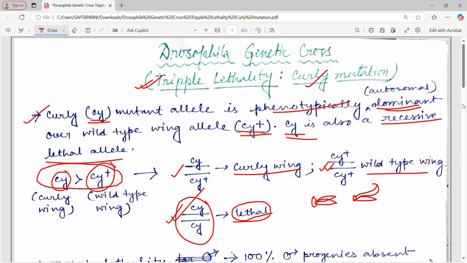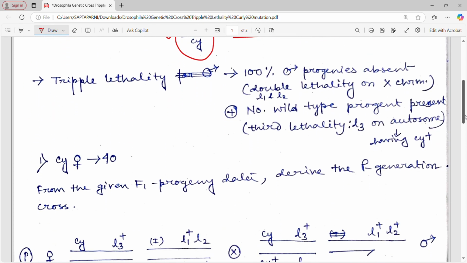Now coming to triple lethality. In my previous video I discussed what double lethality is. Double lethality means that 100% of male progeny are absent. For that we put two lethal alleles, L1 and L2, on the X chromosome. You have to remember that the wild type lethal allele L1 plus is dominant over its mutant type L1, and similarly L2 plus is dominant over its mutant type allele L2.